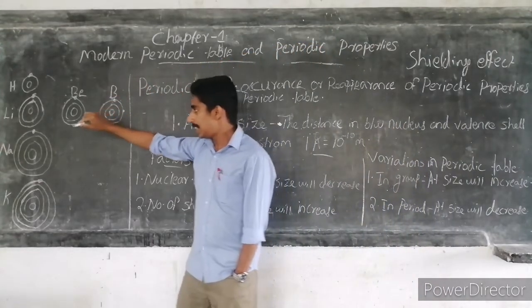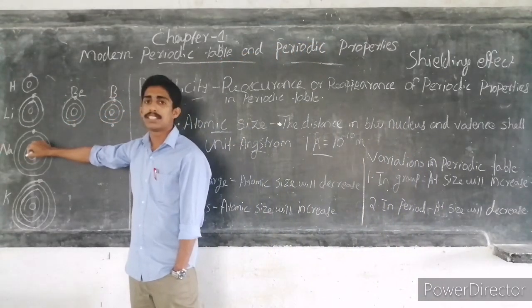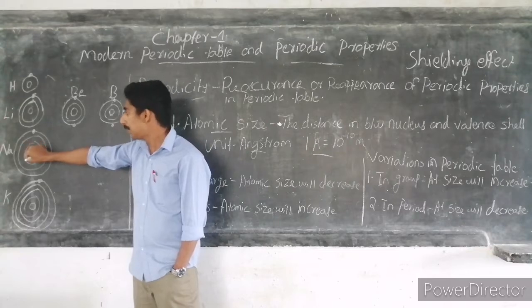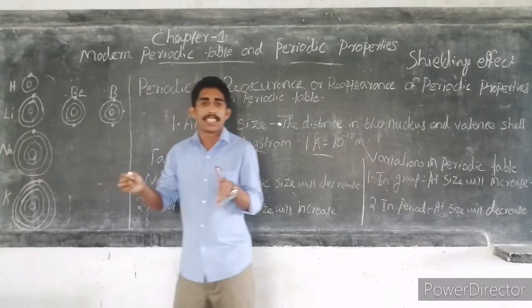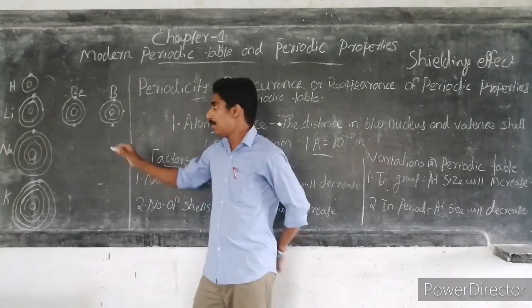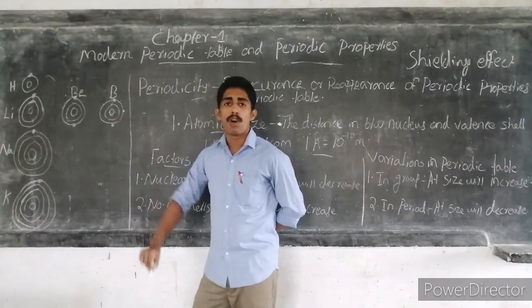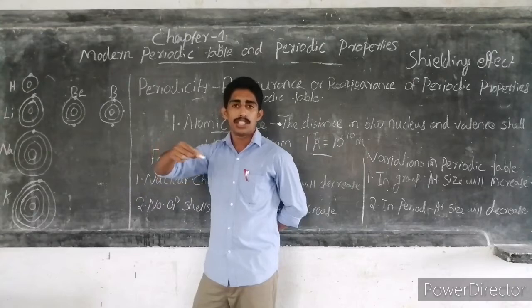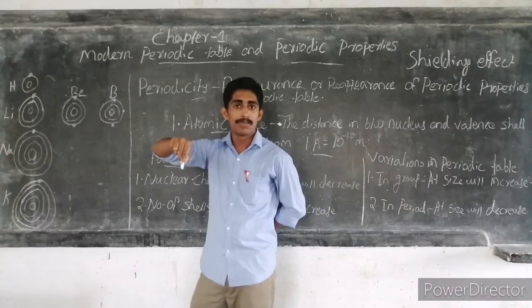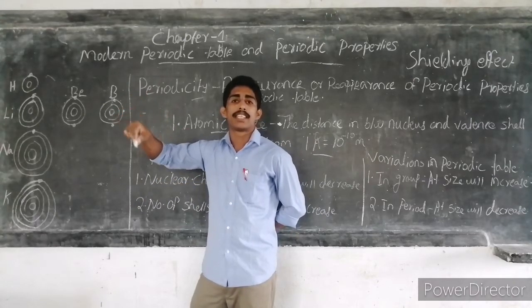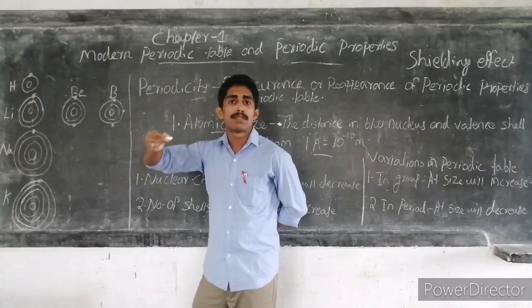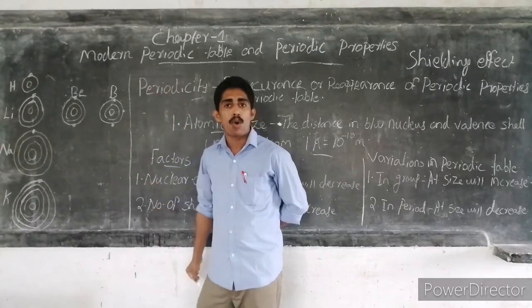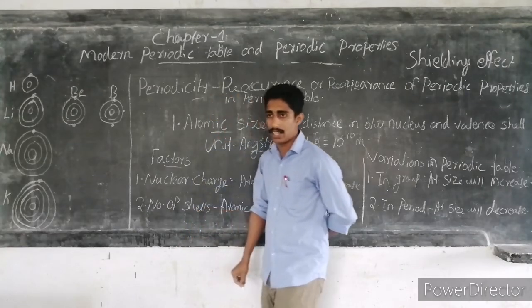the inner shells, that means the shells which are in between the nucleus and valence shell, will act as a barrier between the nucleus and the valence shell. Due to this barrier, the nucleus cannot apply its positive charge on the valence shell.